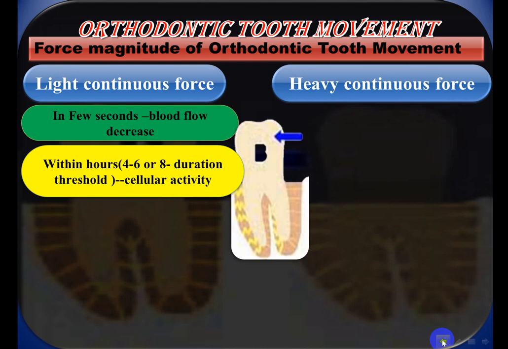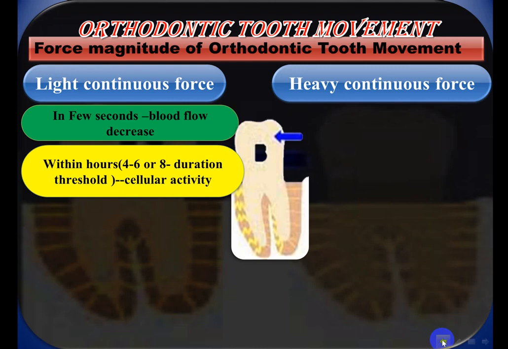For example, there may be osteoclasts, osteoblasts, cementoblasts, cementoclasts, fibroblasts, fibroclasts, odontoblasts, odontoclasts. What type of cell do I need in this site? There will be stimulation for differentiation of the cell that is needed.